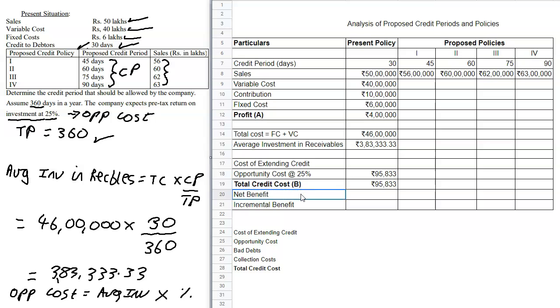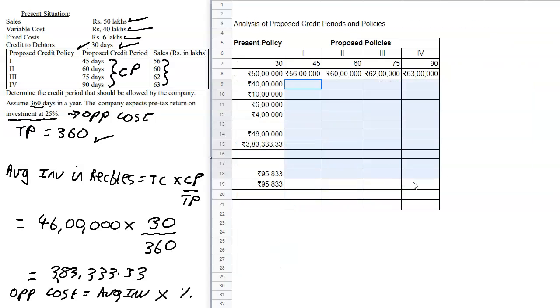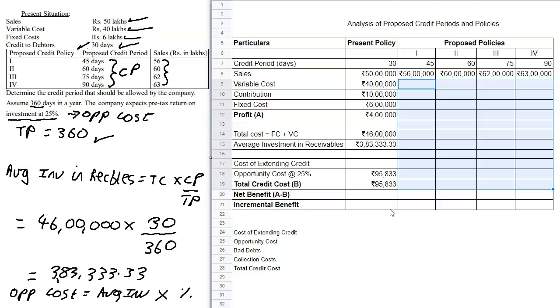Okay, that's B. Net benefit is going to end up being A minus B. Alright, so A minus B is our net benefit. Incremental, once you all are done doing the remaining part of this sum, then I will show you all how to do incremental.